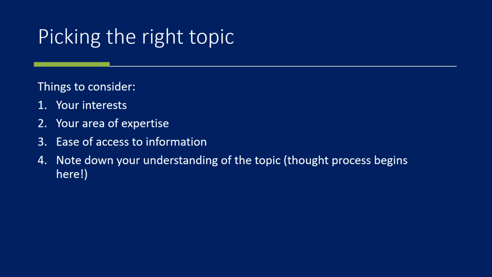And once you have picked the topic, while you're picking the topic, note down your thought process. That's very important. We have discussed a few things like interests, areas of expertise, ease of access to information and things like that. But it's very important that you start keeping a log of your thoughts.